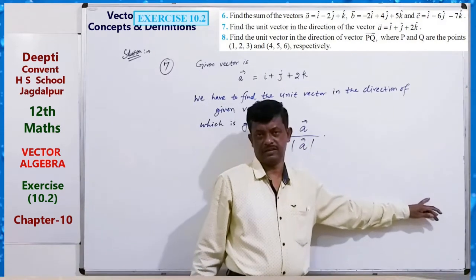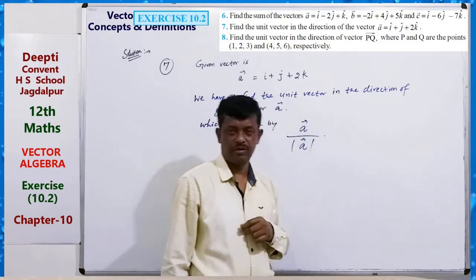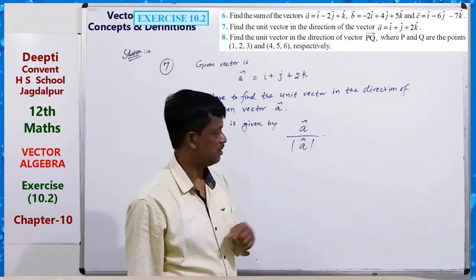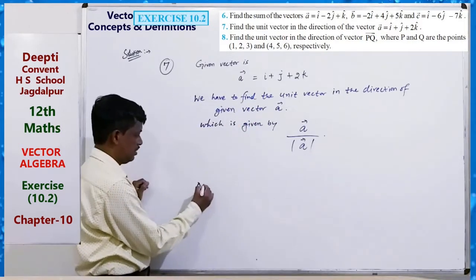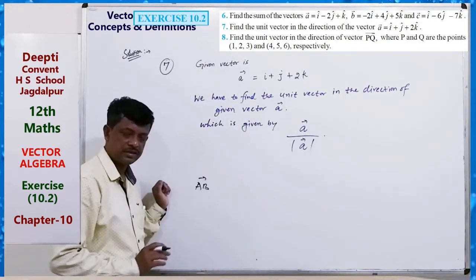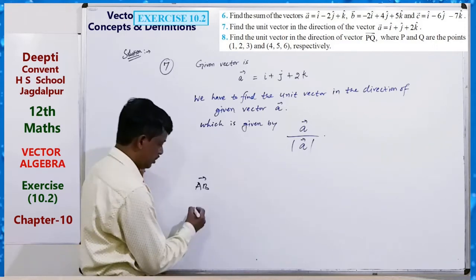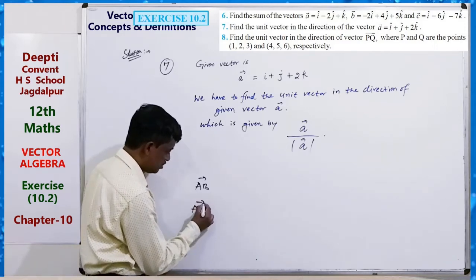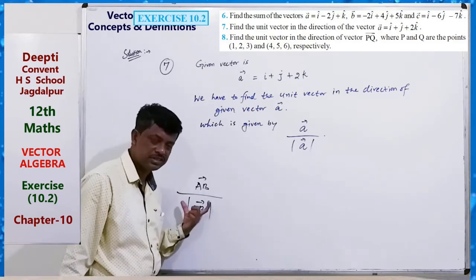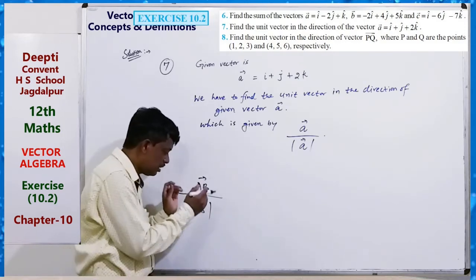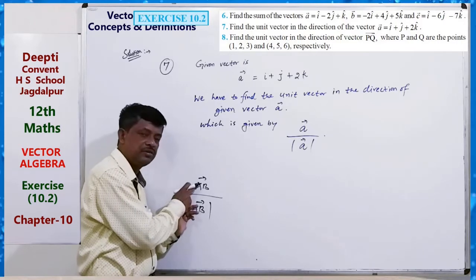Along a vector, if we want to find the unit vector, suppose we have a vector AB. This is a direction. We can find its modulus, which is a scalar quantity, and divide the vector by it.